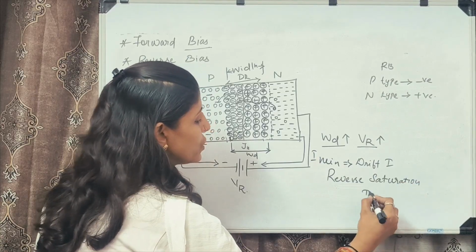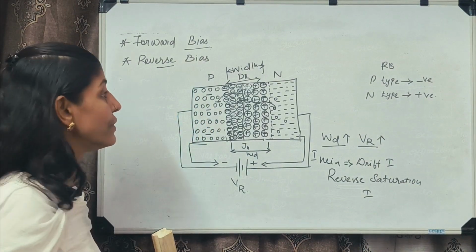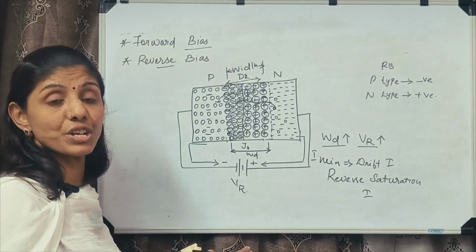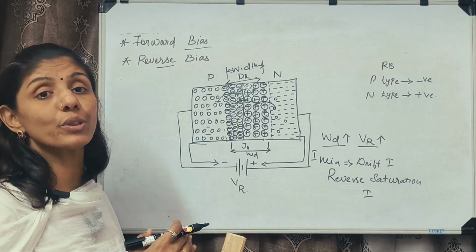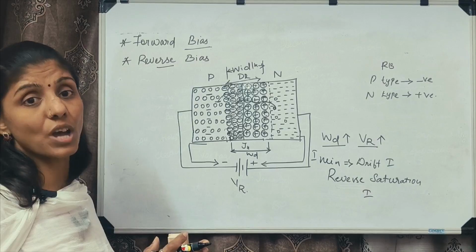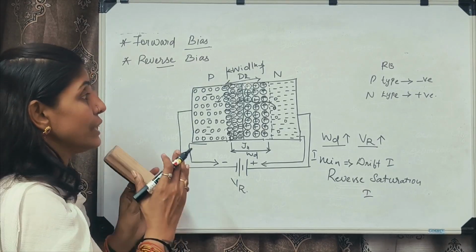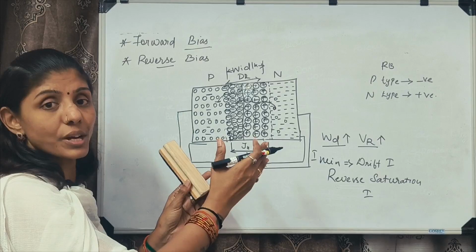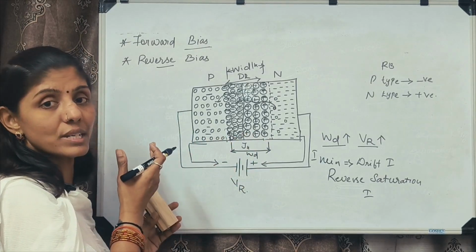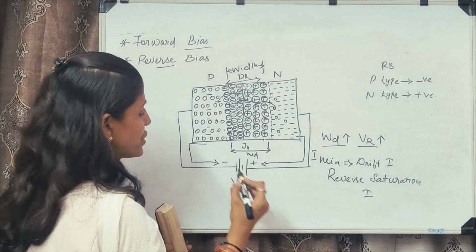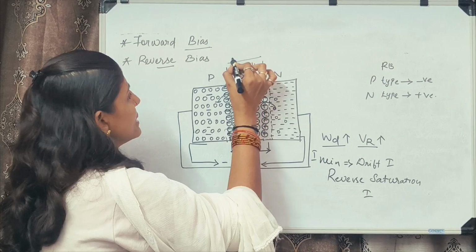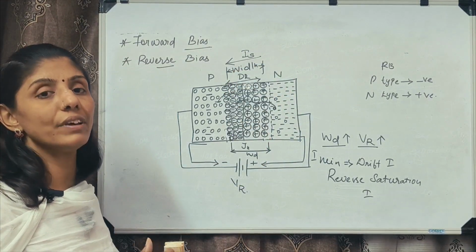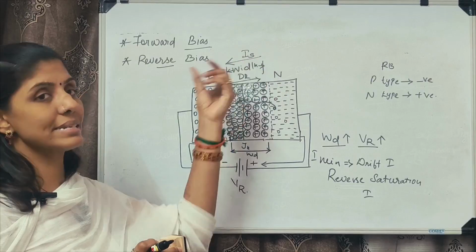So we call it a reverse saturation current, but the direction of the reverse saturation current is opposite to the direction of the majority charge carriers. I mean, the diffusion current is moving in the forward direction, and the reverse saturation current is moving in the backward direction. So remember, this is the direction of the reverse saturation current and we denote it by the letter IS.